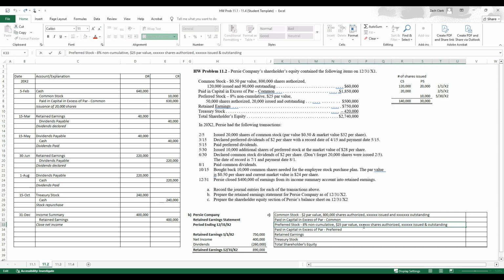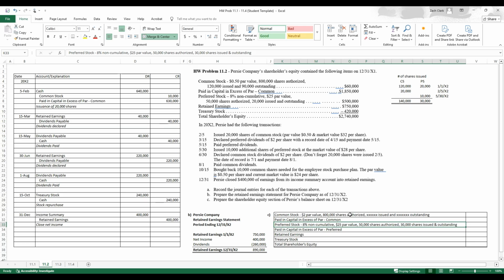So then we come down here and say, total shares authorized won't change. So preferred stock has 50,000 shares authorized. Now we have 30,000 shares issued. And we bought back common shares, but we didn't buy back any preferred shares, so that should be basically just the same amount there.